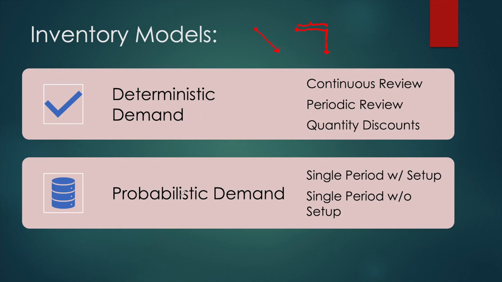On the other hand, for probabilistic demand, we will focus on a single type of probabilistic inventory model called the newspaper boy model. What does this newspaper boy model talk about? It talks about a single period where your inventory is effective.